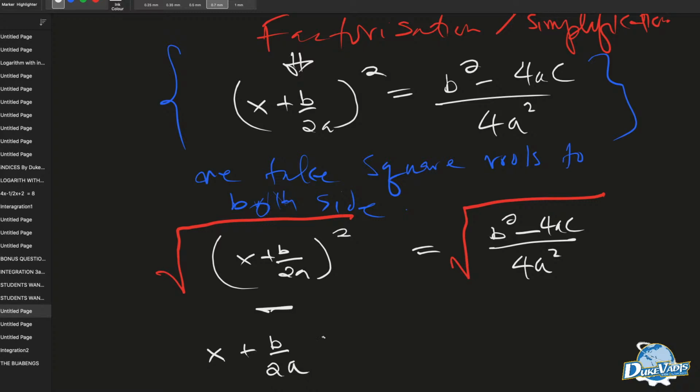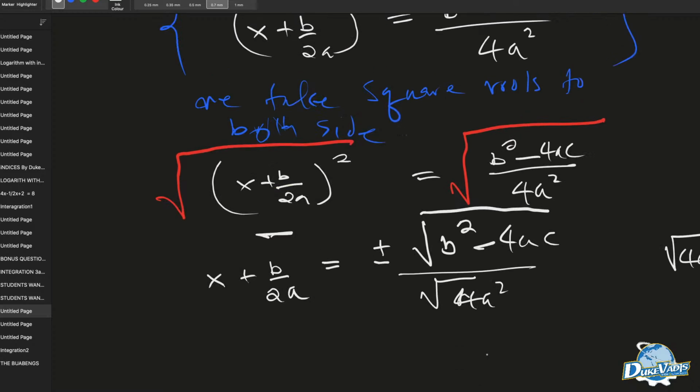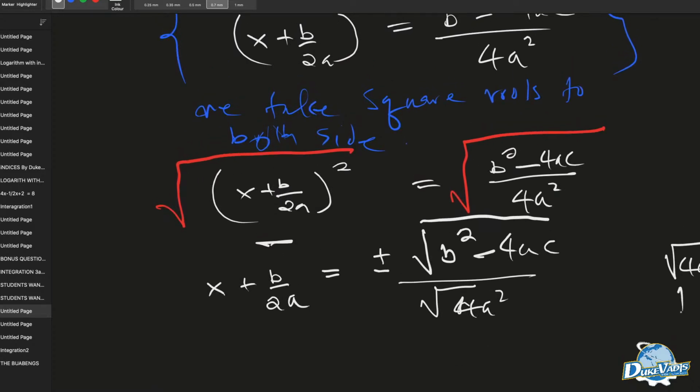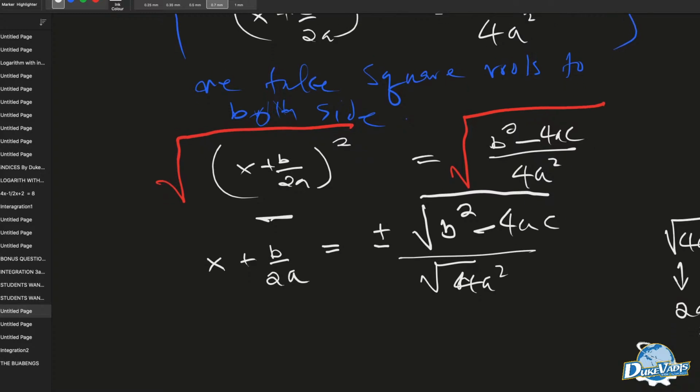So we know this is plus or minus. When we take the square root of 4a squared, we can expand it and say the square root of b squared minus 4ac, over the square root of 4a squared, which is equal to 2a.